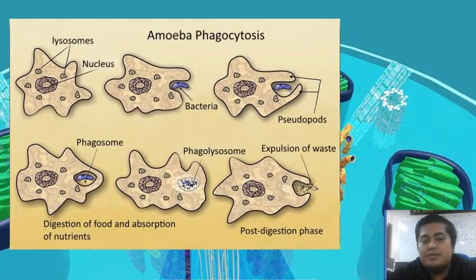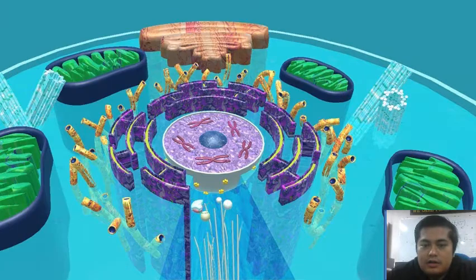Okay, ini adalah proses dia makan. So starting with the dia akan mendekati makanan dia, engulf using dia pseudopodium, and then akan create satu food vacuole. Lepas berlakunya digestion, dia akan keluarkan dengan cara dia bergerak.